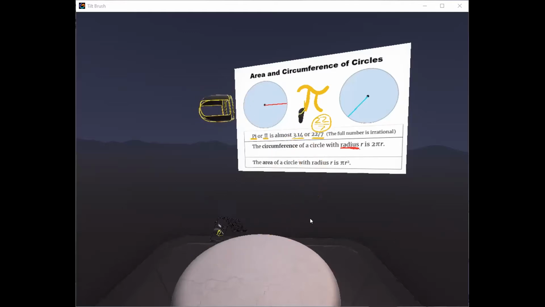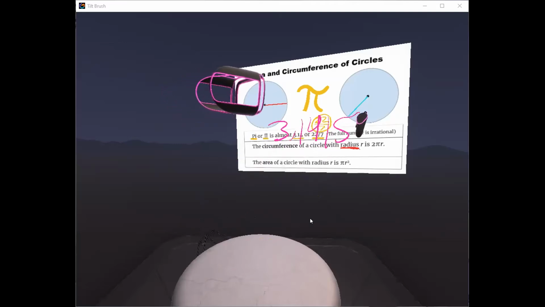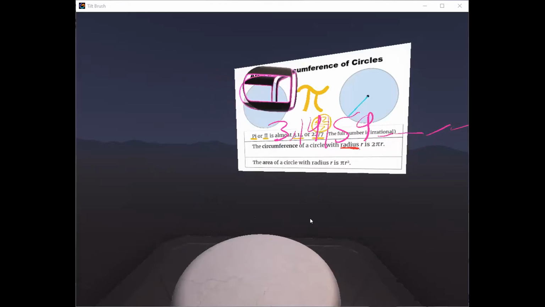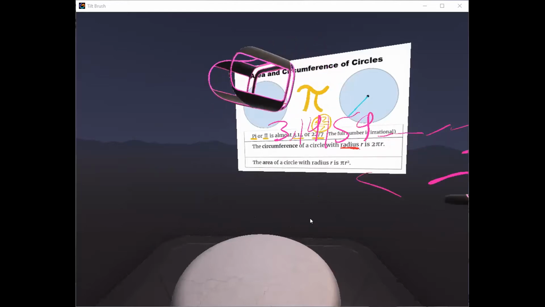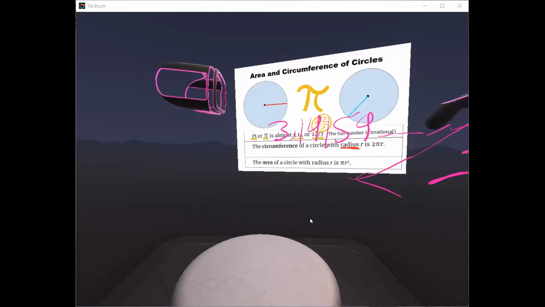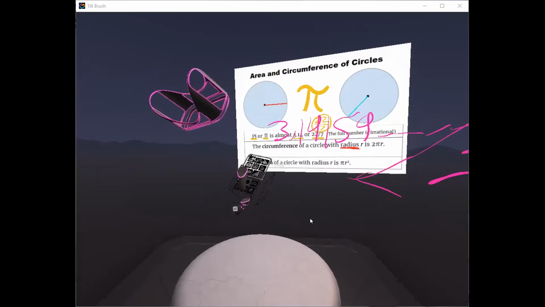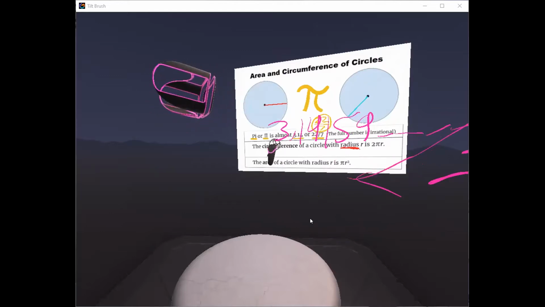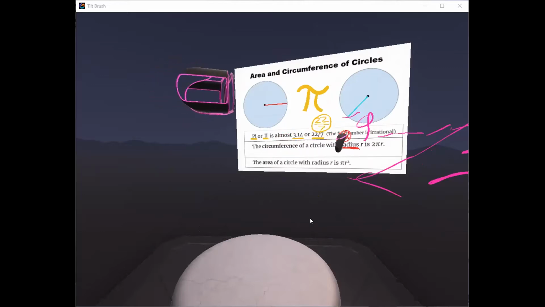If I was going to write out pi, it would actually be 3.14159 and so on. It just keeps going on forever, like infinity digits. But again, usually 3.14 is close enough for our purposes.